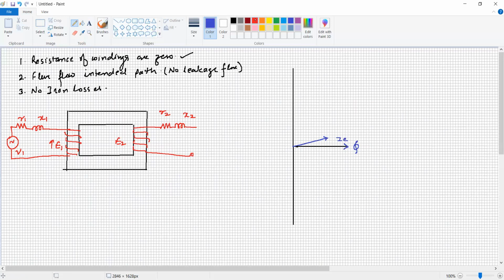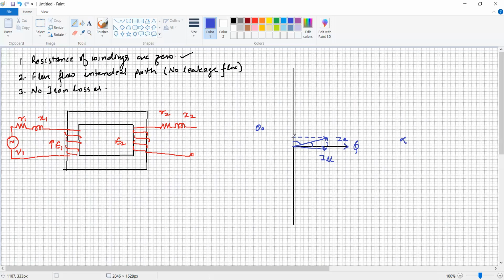This exciting current has two components. Say this angle is the no load power factor angle theta 0, and this angle is alpha, which is because of the hysteresis effect. The component which is in phase with the flux is I mu, the component responsible for producing the magnetic flux in the core.